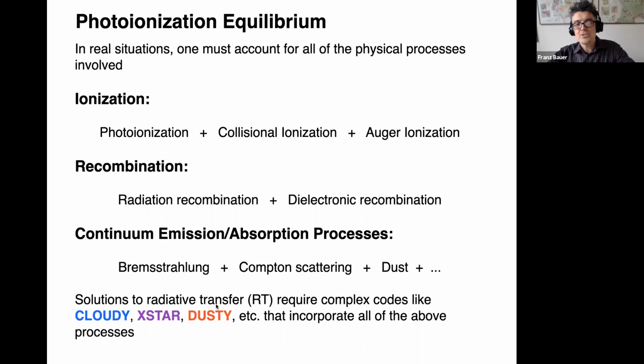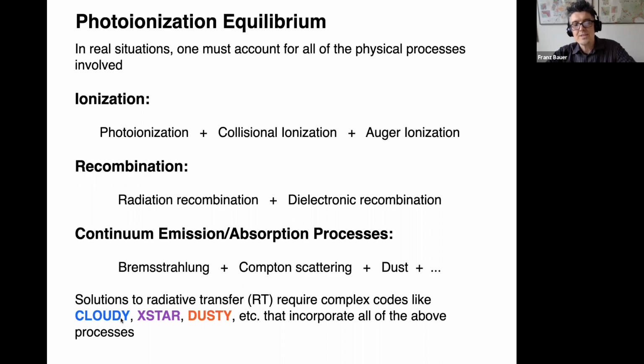And so typically doing this radiation transfer requires complex codes that can handle it. And even then, these complex codes will only deal with simplistic versions of this, where you have to make some approximations and say, okay, we're dominated in this regime, so we can only focus on these two or three sets of things.